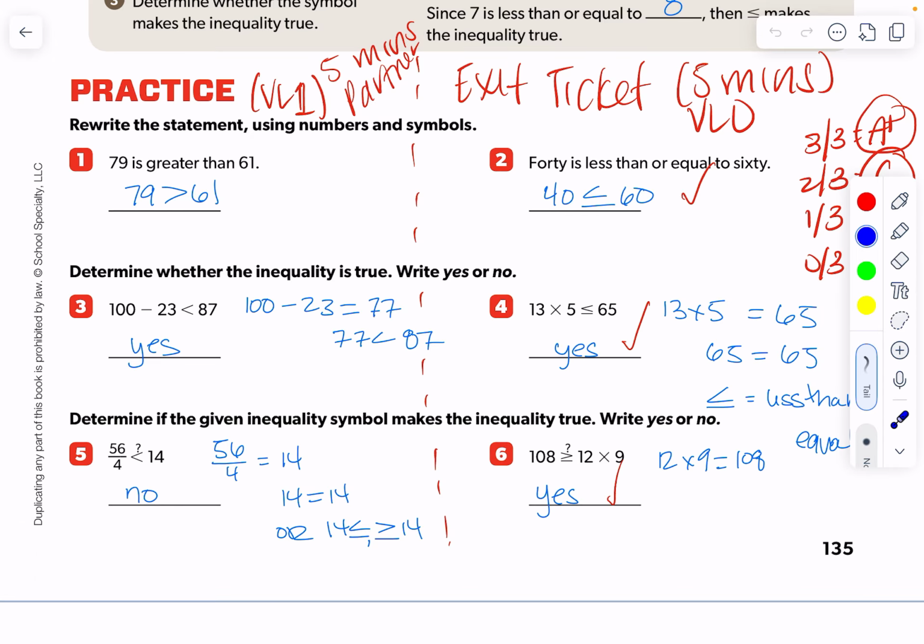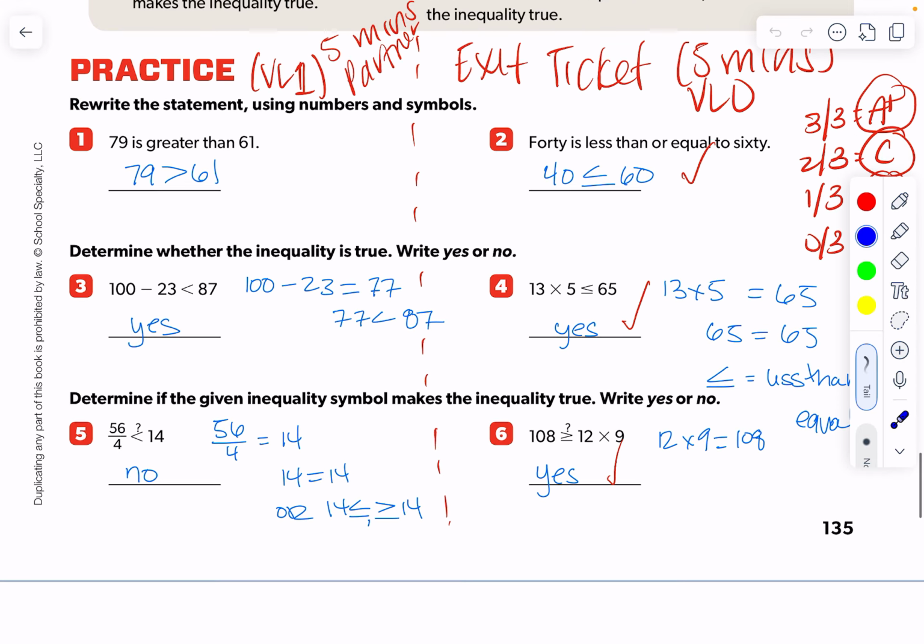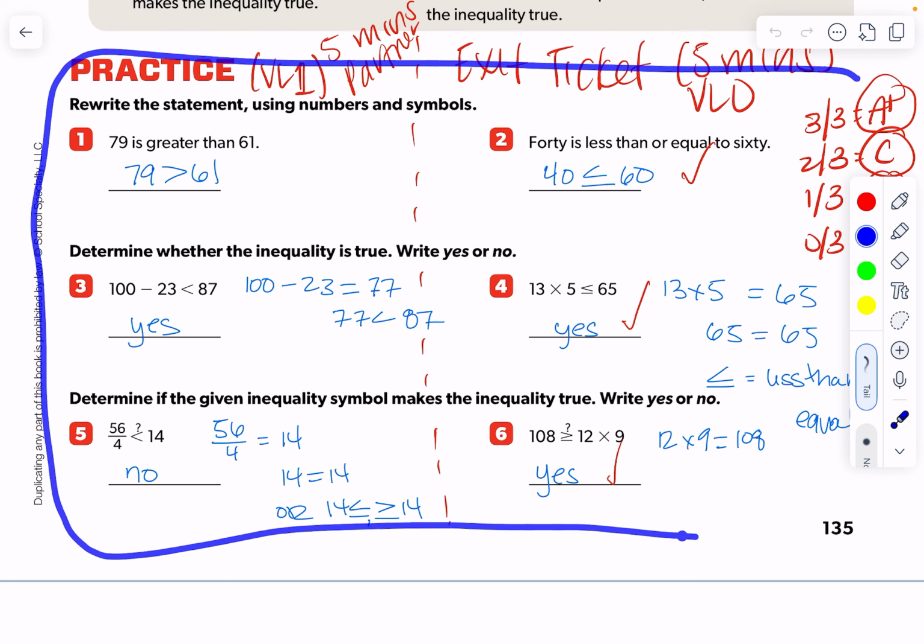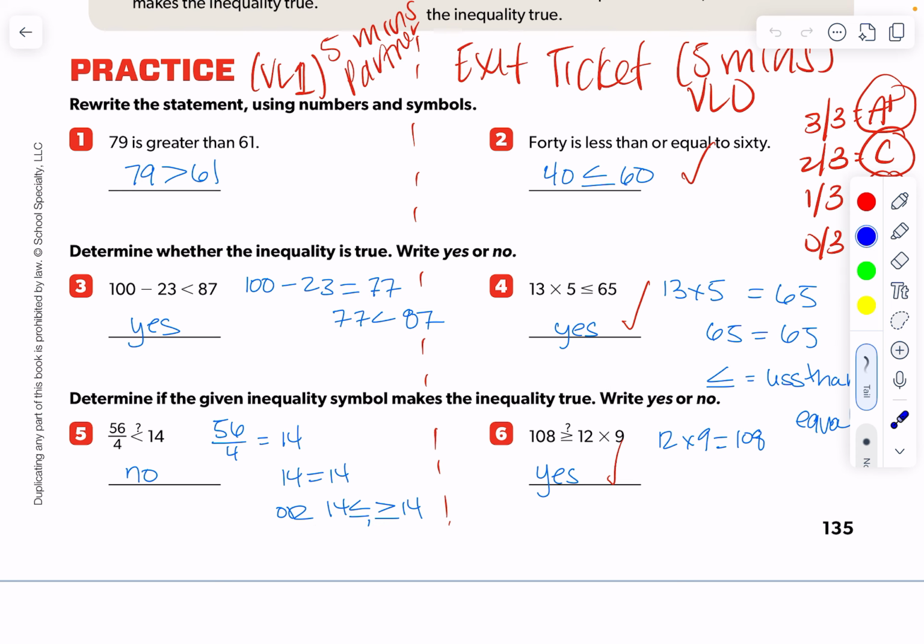Students are going to spend about 5 minutes doing some partner practice around questions 1, 3, and 5, and then jump into their exit ticket for questions 2, 4, and 6. Now, listen, in total, students will only have 6 questions to practice with.